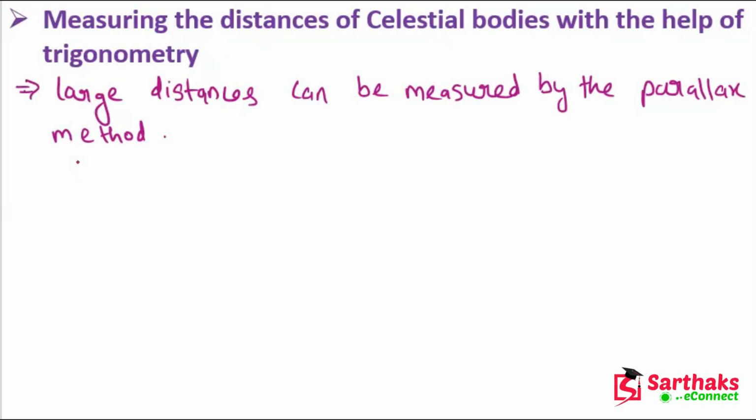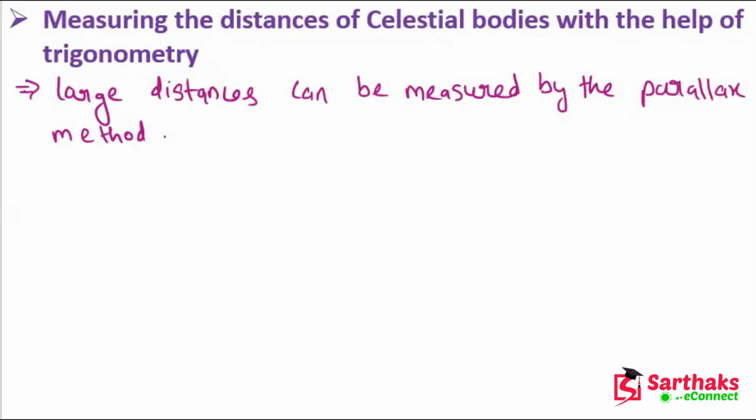Now, what is the parallax method? The parallax method is the displacement or change in the object's apparent position when viewed from two different points of view.